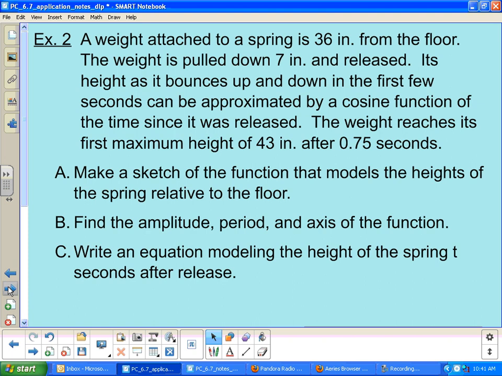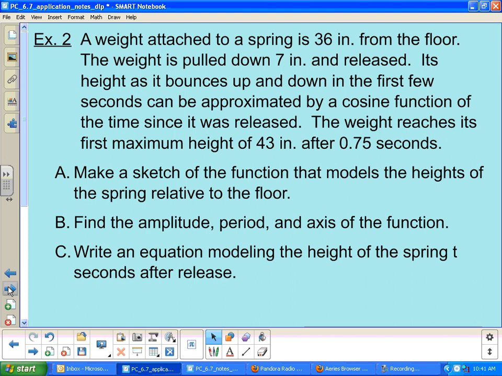So if you guys have been in physics at all, you know that when I pull the spring down, I've loaded the spring with what's called potential energy. So I've loaded the spring with potential energy, which means when I let it go, that energy is going to release and become a different kind of energy, because movement energy is called kinetic energy.